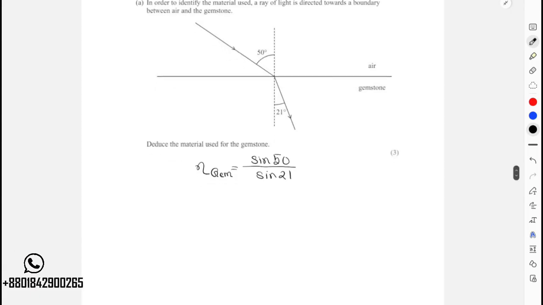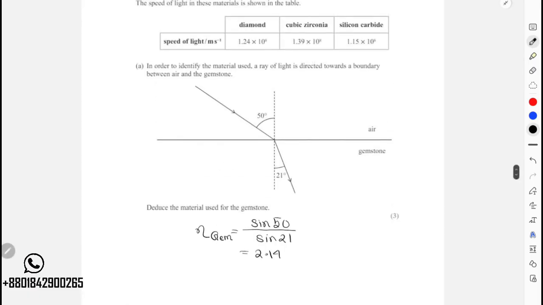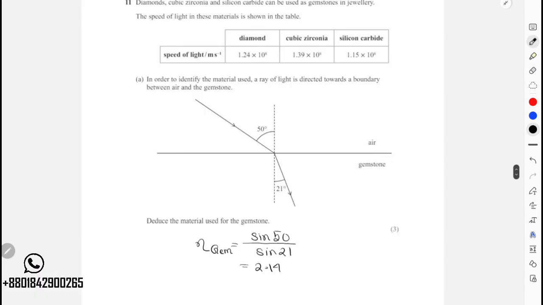That is 2.14. We have this refractive index, right? Using this refractive index I can find out the speed of light in the gemstone, because I already know the speed of light in air was 3 into 10 to the power of 8 meters per second, right?